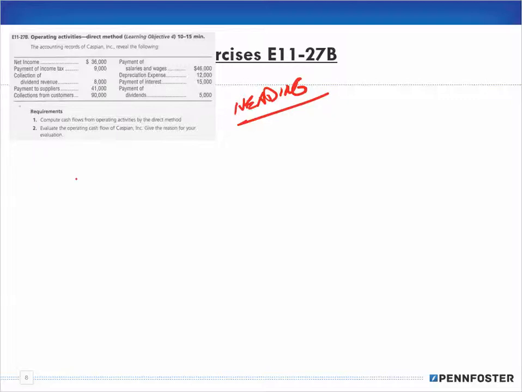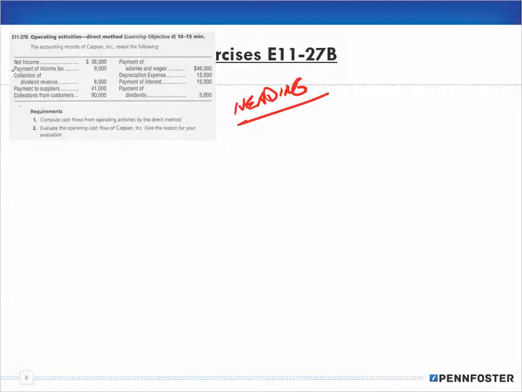Be sure to distinguish between the two whenever you're working with a problem. Go back to the exhibits in the textbook that have the quote-unquote template, and mimic that when you're creating your statement of cash flows using either of the methods.